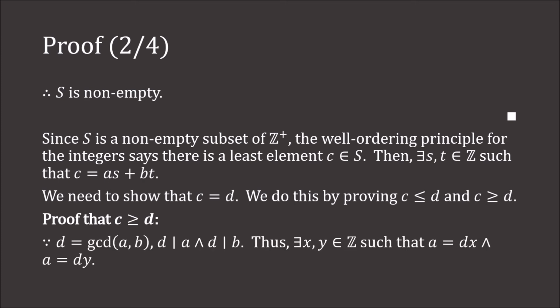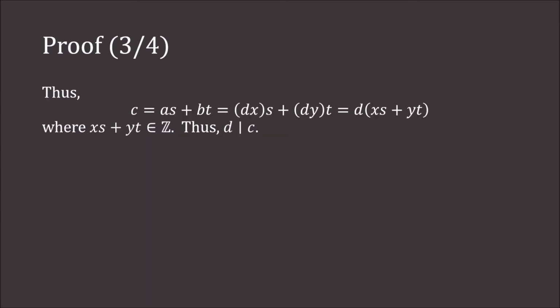So we start with the proof that c is greater than or equal to d. Since d is the GCD of a and b, d divides a and d divides b. So there exist integers x and y such that a is equal to dx and b is equal to dy. So now by substitution, c equals as plus bt, which equals dxs plus dyt.